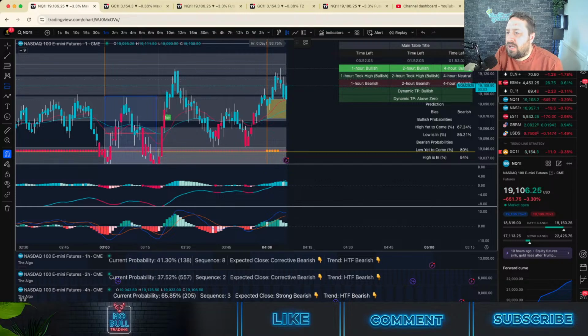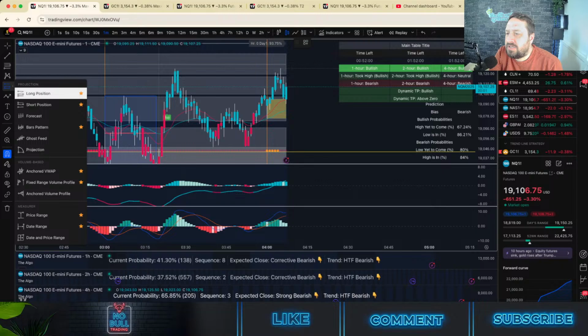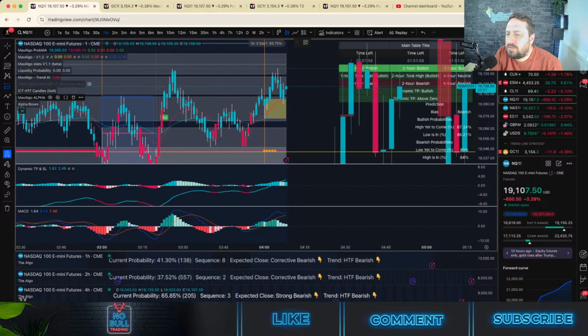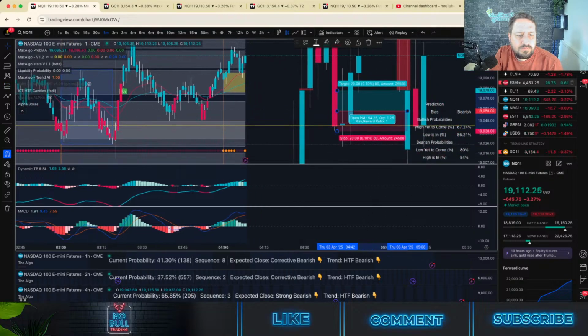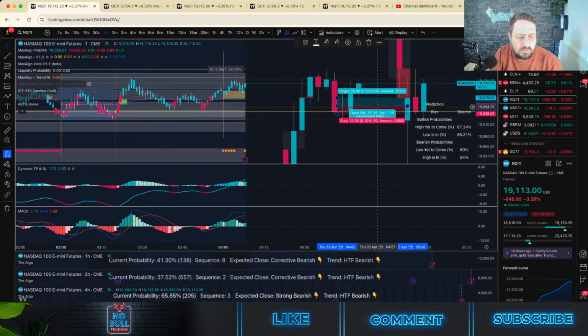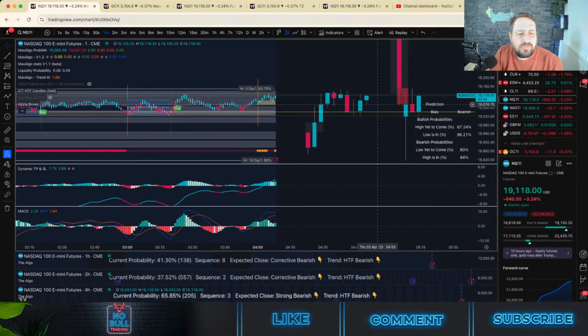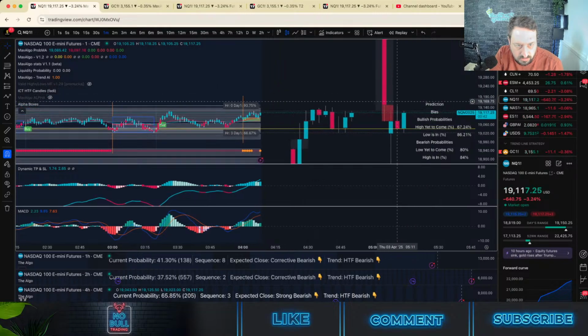Let's do a little bit higher time frame. Bear with me a second. Four-hour VIB. Top of the 4 hour VIB. Rejection, rejection.